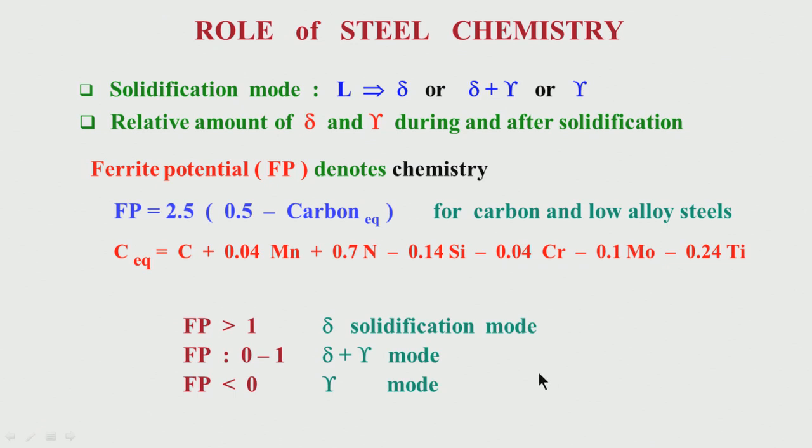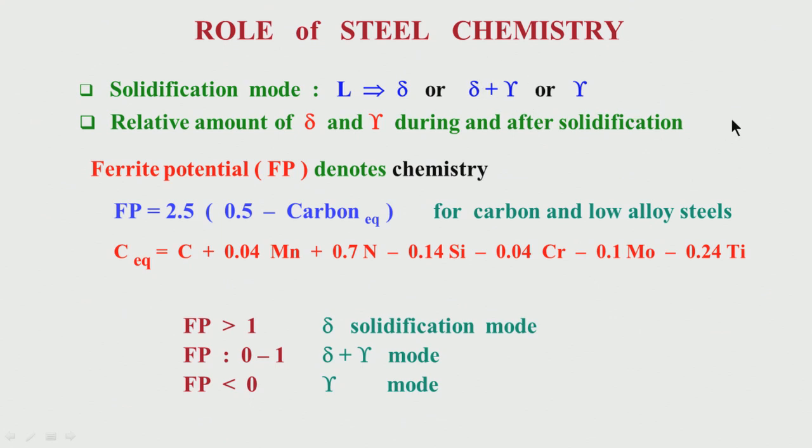So, I think it is clear, when ferrite potential is more than 1, that means for all carbon equivalent less than 0.1, we have delta mode of solidification. When carbon equivalent is more than 0.5, ferrite potential is negative, we have gamma mode, the austenitic mode of solidification. And in between, that means ferrite potential is between 0 and 1, carbon equivalent is between 0.1 and 0.5, we have delta plus gamma mode of solidification.